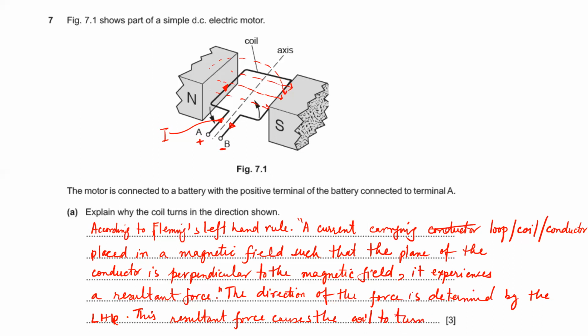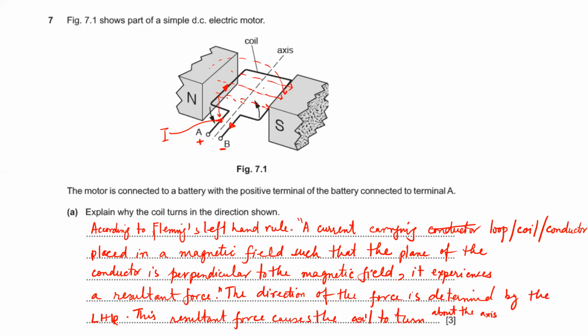Okay, and basically, the resultant force causes the coil to turn about the axis. Something like this. Say this is the force down, this is the force up.